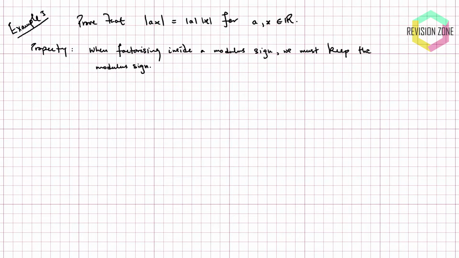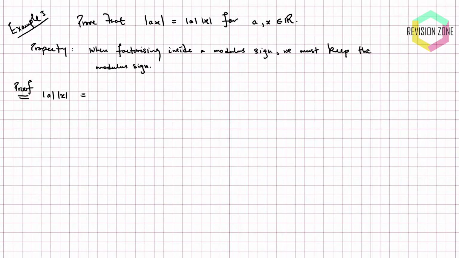Let's see a proof of this, and I should say there are lots of ways to prove it. I think the easiest way might be taking the right-hand side and showing that it's going to give us the left-hand side when we apply the definition of the modulus function. So let's say the modulus of x, and obviously the modulus of a, and we want to apply the modulus function definition to each.